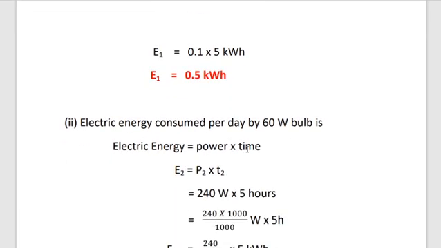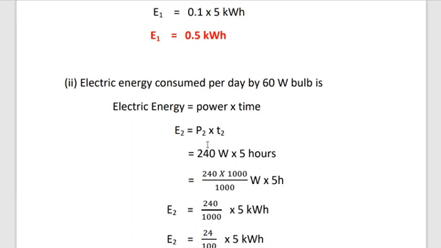What is the second case? Electric energy consumed per day by the 60-watt bulbs. The same formula: electric energy equal to power into time. 4 60-watt bulbs are used. So 4 into 60, we get 240 watt, the total power for the second case. Multiply with 5 hours.